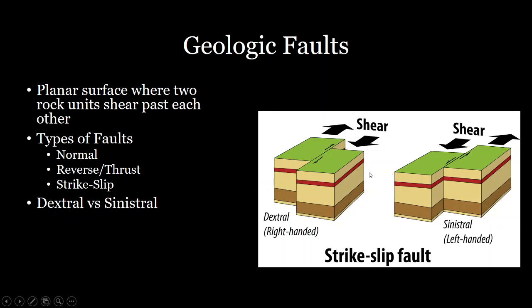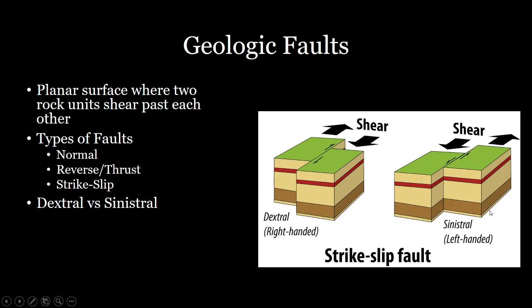So you can see here, if, for example, this shear plane was flat and you were looking at this upper unit, this upper one is moving to the right, and we call that a right-handed shear, and that's called a dextral shear, because that upper layer is moving to the right, and that lower layer is moving to the left, relative to each other.